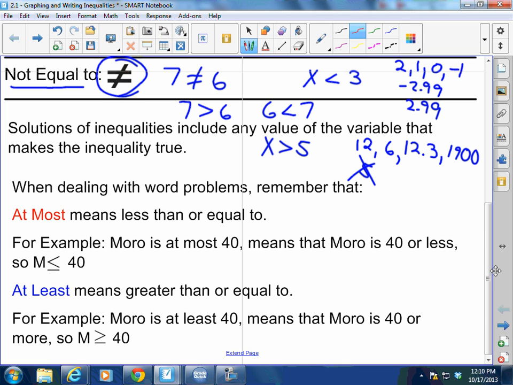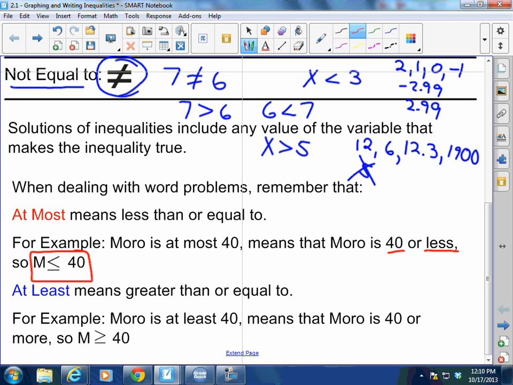I like to always give these examples with age. Mr. Morrow is at most 40 years old. What does that mean? That means that I'm 40 or less. So if I say Morrow is at most 40, the inequality would be M for Morrow is less than or equal to 40. Does that make sense?